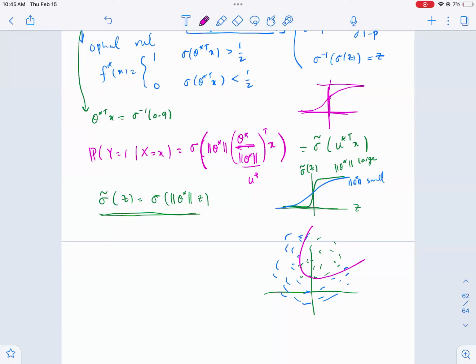This is not a good candidate for vanilla logistic regression, because logistic regression is going to try to find the best linear separation, so you have to do something else there.